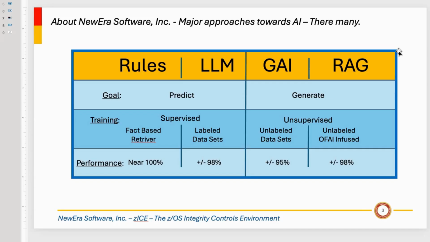hallucinations can occur. On the other side, general AI, or Gen AI as it's called, and RAG, which is retrieval augmented generation, don't make predictions, they generate something new. They generate something based on a prompt that is given to it that says, make me a fuzzy dog with green eyes.